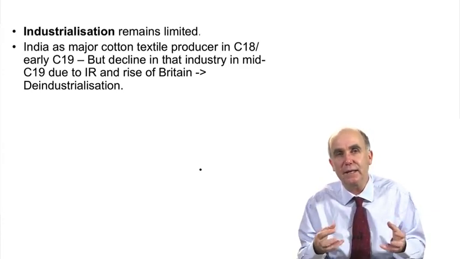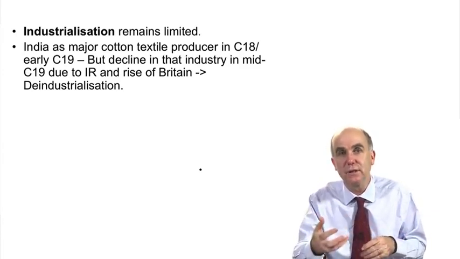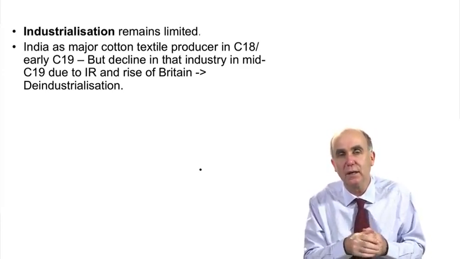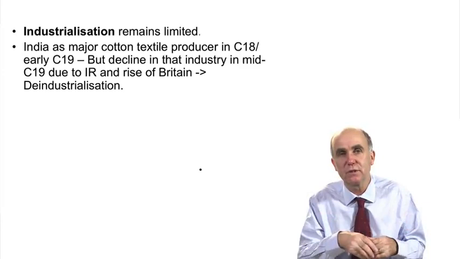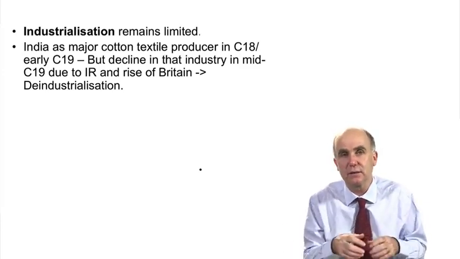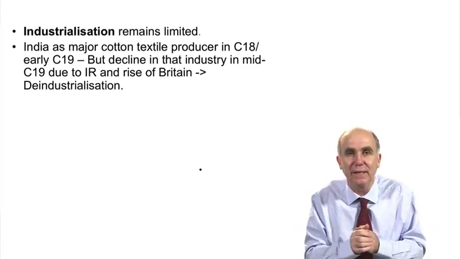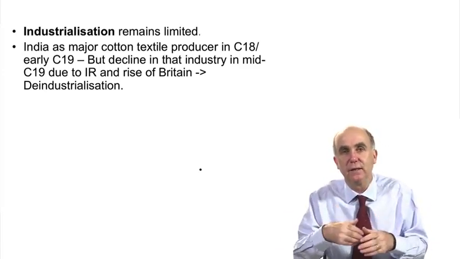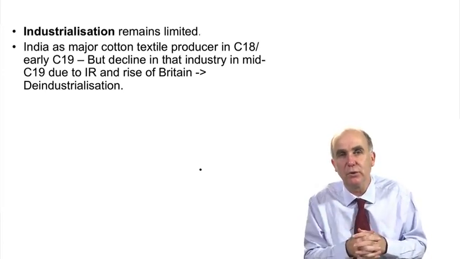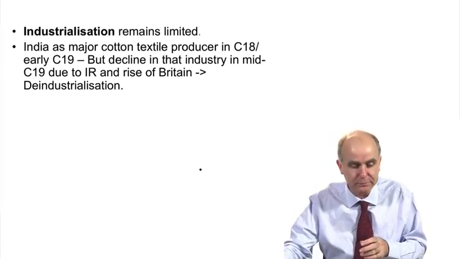Partly that's because Britain, producing this commodity itself, no longer needs to import from India, but also the transport revolution, which lowers the cost of Britain exporting the cotton textiles it's producing to places like India, means that there's increasing competition for producers in India from British imports.